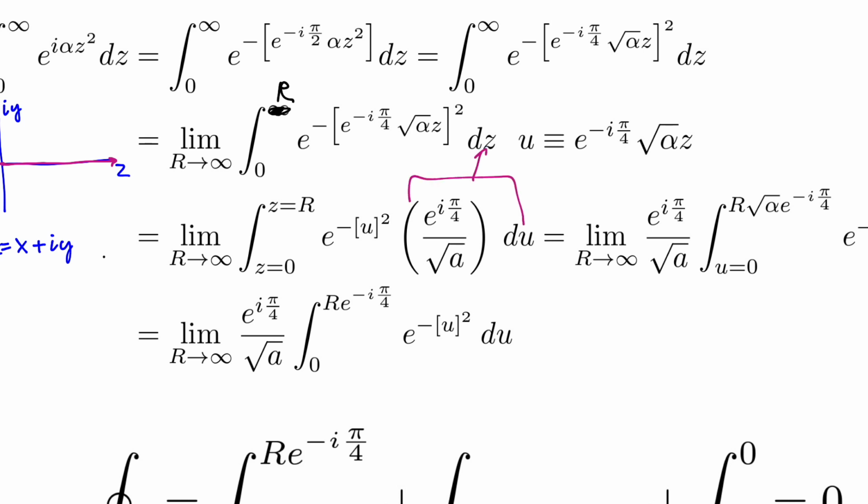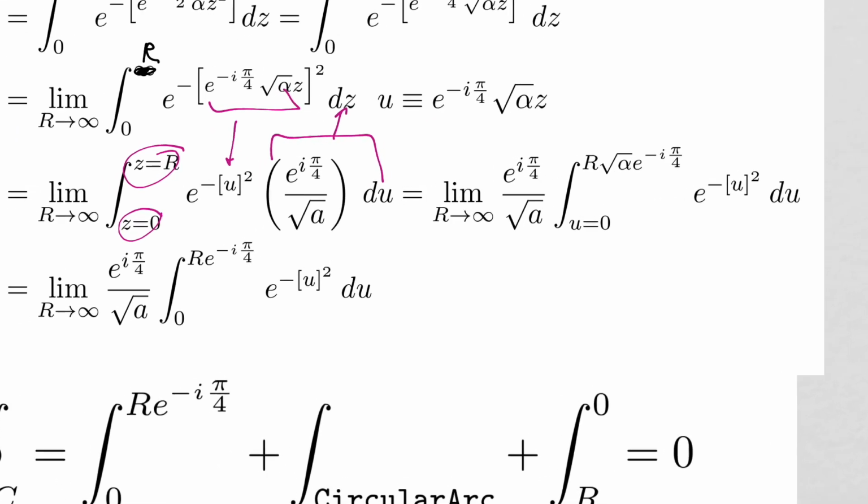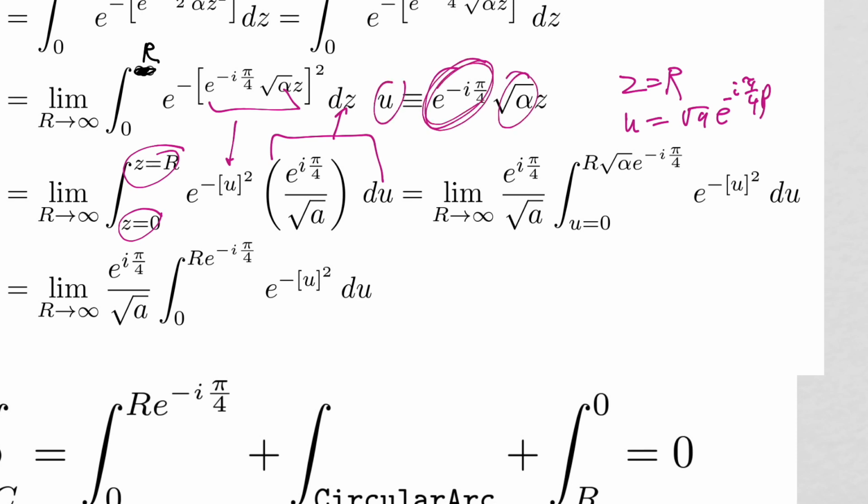And then, of course, this all becomes u, like I said, and our limits of integration now have to be examined. Not too hard to see: when z equals r, then u has to equal square root of a e to the minus i pi over 4 times r, because u equals square root of a times e to the minus i pi over 4 times z, right? So the upper limit of integration becomes this kind of interesting complex number.